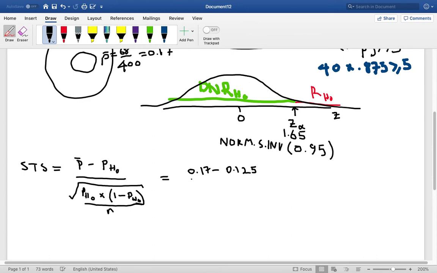And then we're going to divide that all out by the square root of P of h0, which is 0.125 as above, multiplied by 1 minus 0.125.